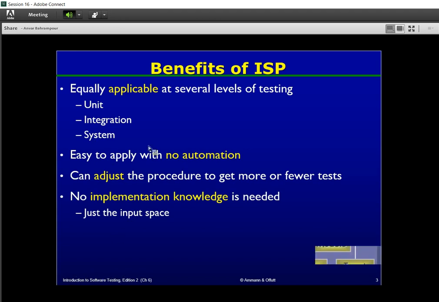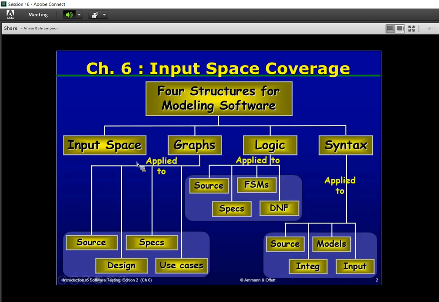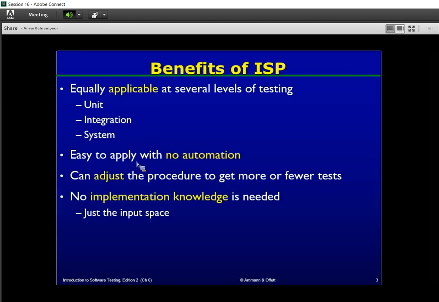This technique is easy to automate, and there is no need to know about the implementation of the system, or to have the source code of the system.